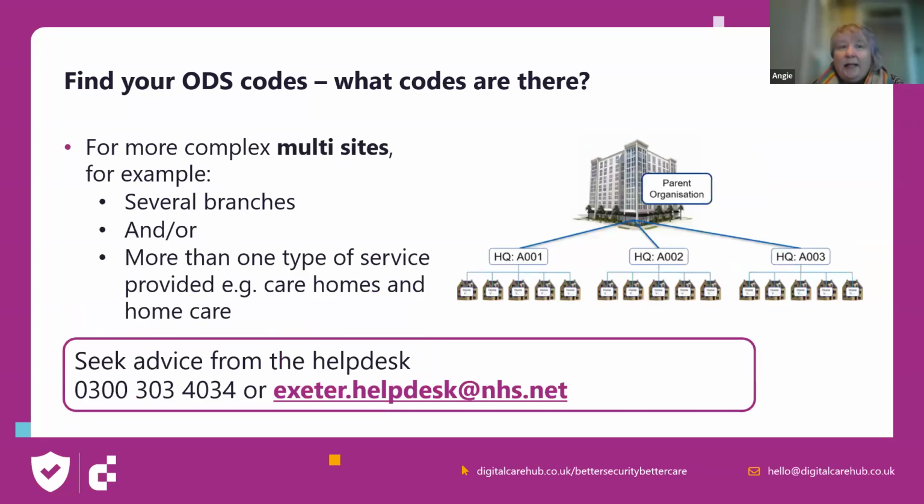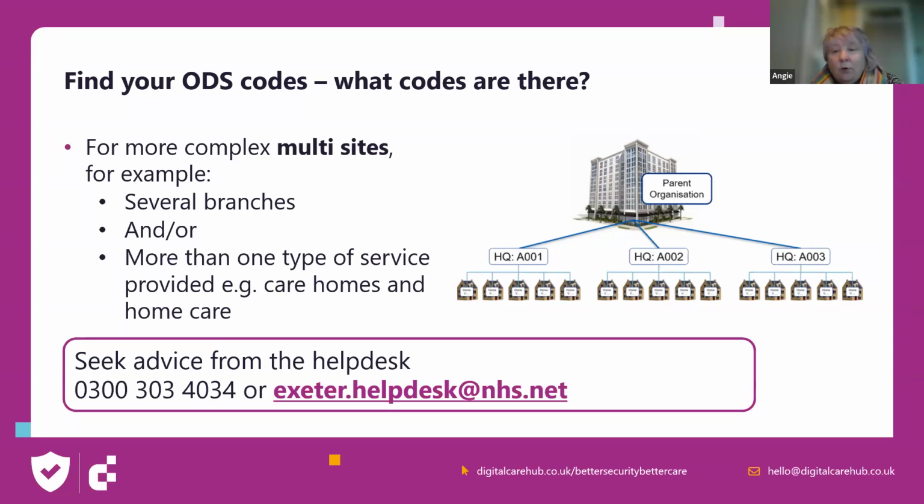Okay, so to find your ODS codes for more complex multi-sites, for example, if your organisation is more complex, for example, it offers different types of services, perhaps including some services that are not regulated, or has many main offices or branches, you'll have more than one head office code and multiple site codes.